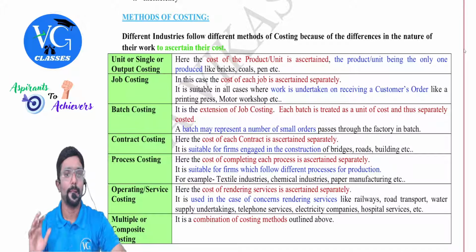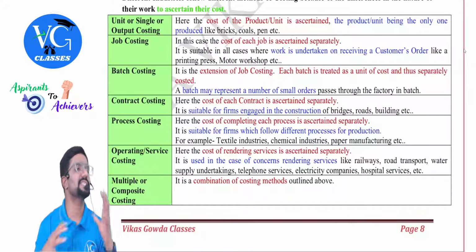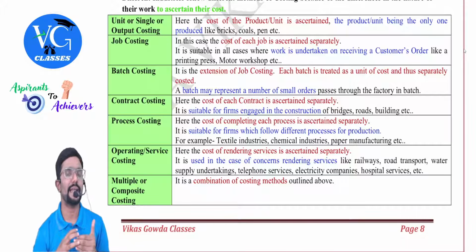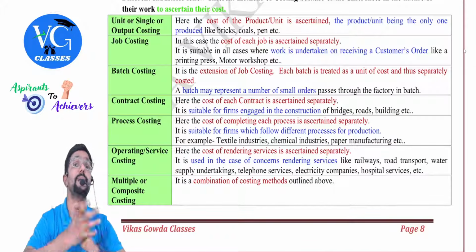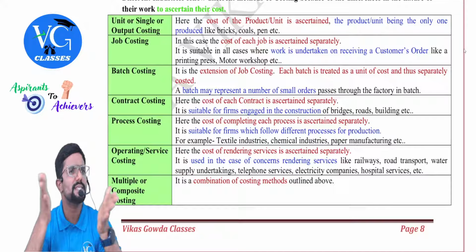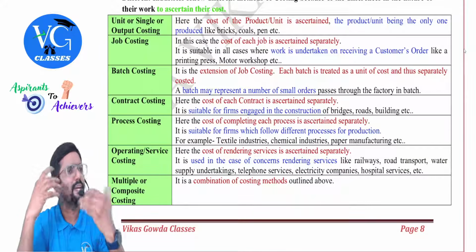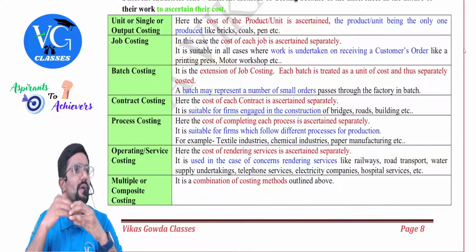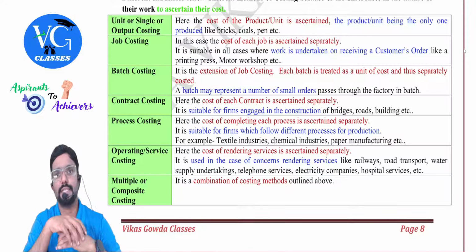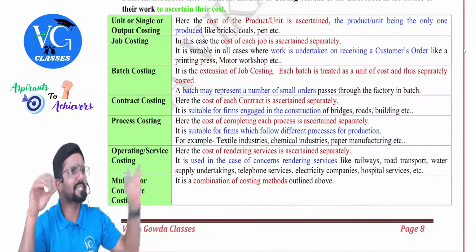Okay, sir. Next, contract costing. Guys, whenever I am doing any construction work, where I would have taken a contract, normally this will take more than 1 year to complete also. Assume I am a construction company engaged in construction of roads, bridges, or apartments. Then for me, what is better to follow? Contract costing. I will treat each contract separately.